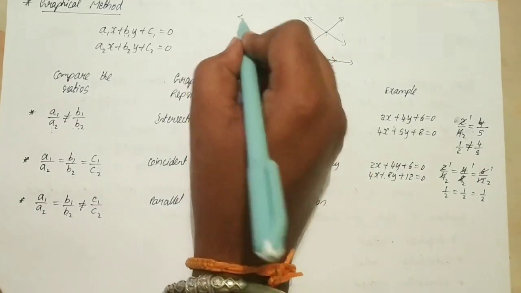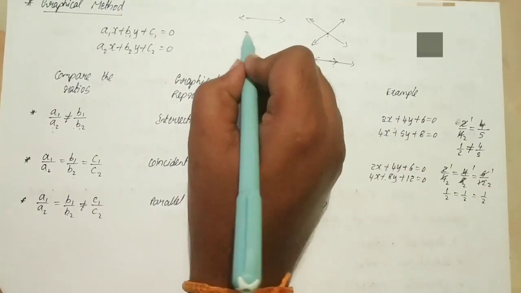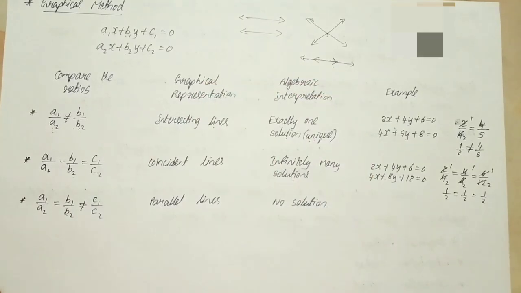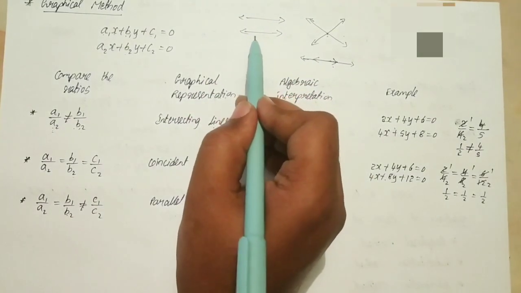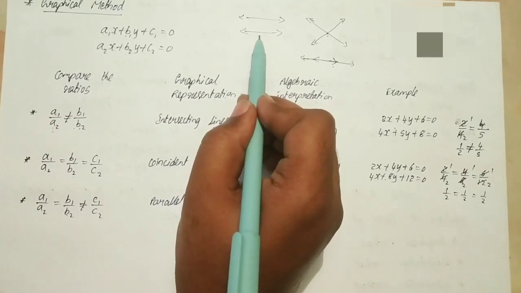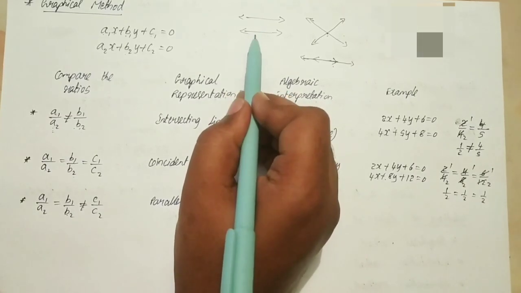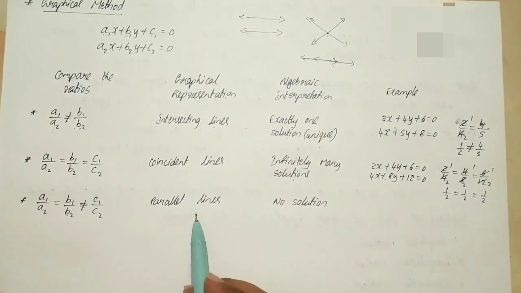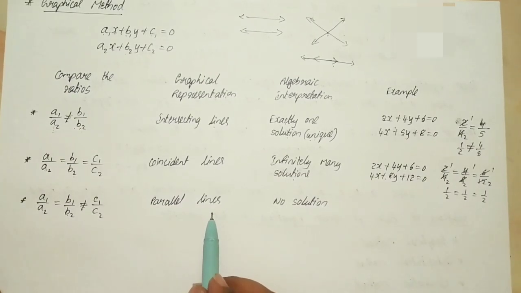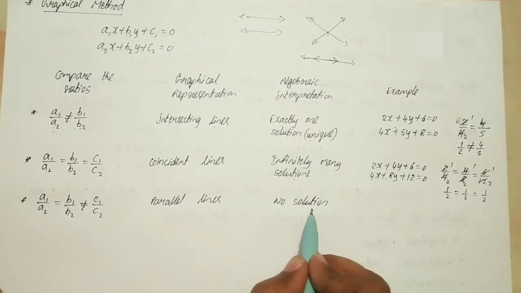Parallel lines means, so this is one line. If one more line is parallel to first line, then that one we call it as parallel lines. That means two lines will never intersect each other. If the lines do not intersect each other, do we have any intersecting point there? No. That means we have no solutions.